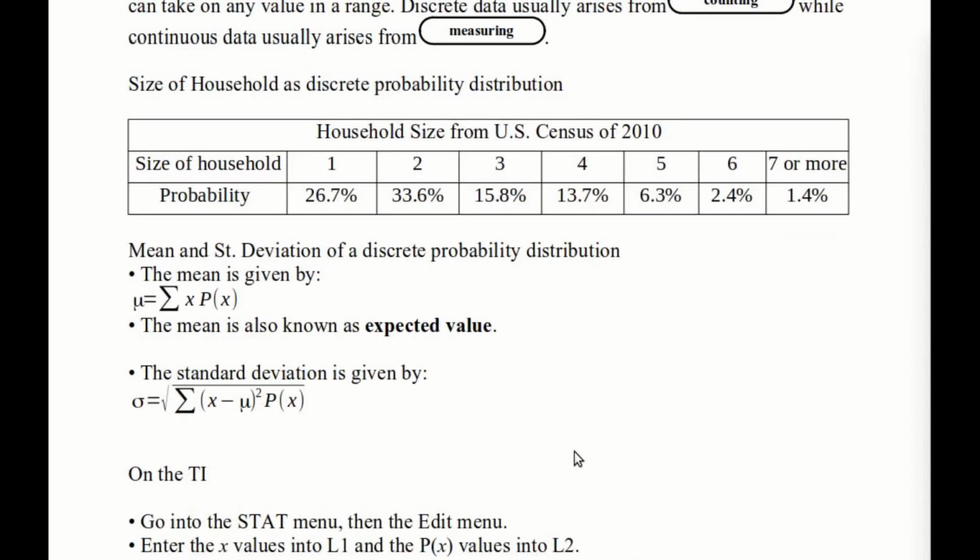It's in a range, whereas my age might be considered to be discrete, or the number of people in a household. So our next example looks at the result of the 2010 census and the number of people in households. This is discrete. It's discrete because the household values can only take on 1 up through 6 and 7 and more.